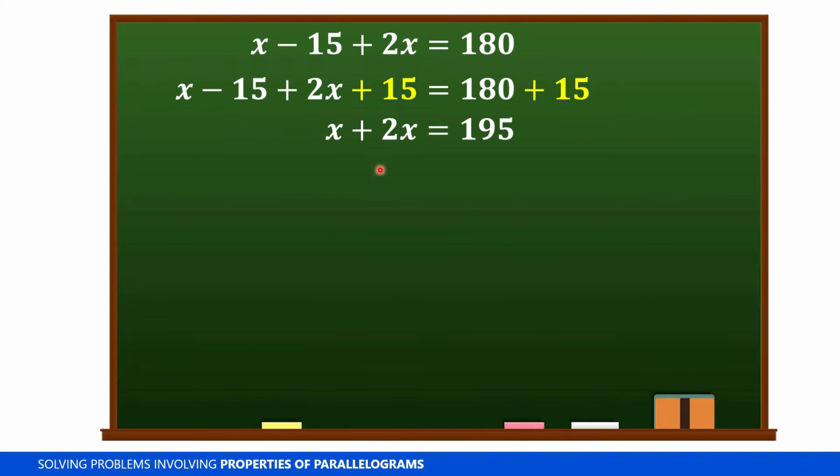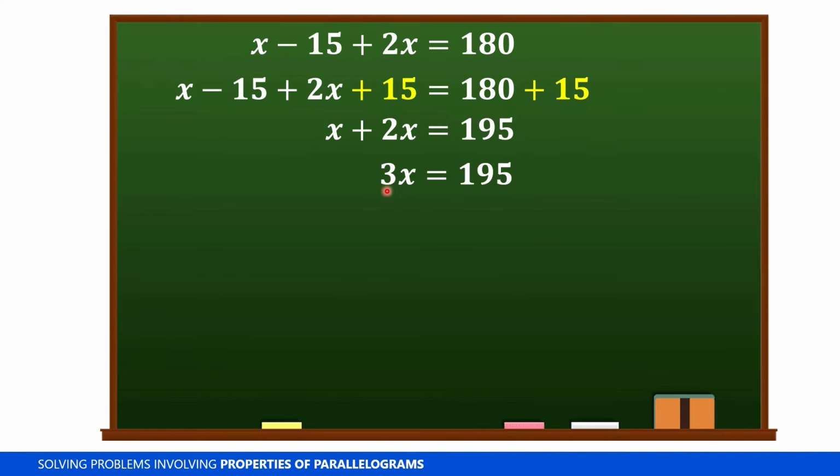Now we have x plus 2x on the left side, while on the right side, 180 plus 15 is equal to 195. So, combine like terms: x plus 2x, we have 1 here as the numerical coefficient of x. So 1 plus 2, we have 3. Therefore, we have 3x is equal to 195.